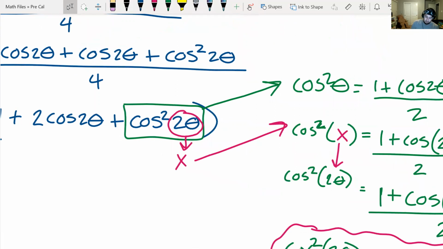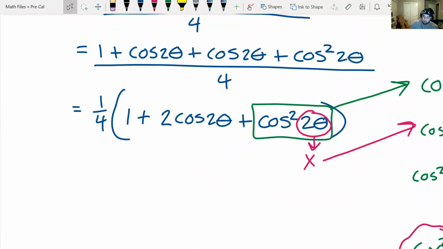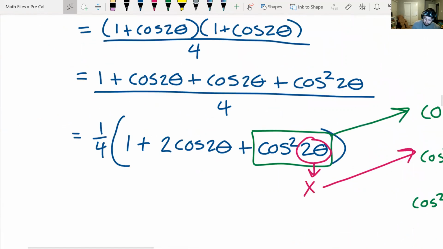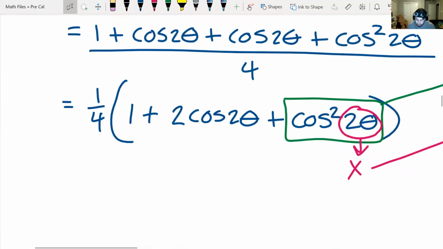Okay, which means let's come back to this one, and we're going to plug in what we just found. Time to write a little bit smaller.